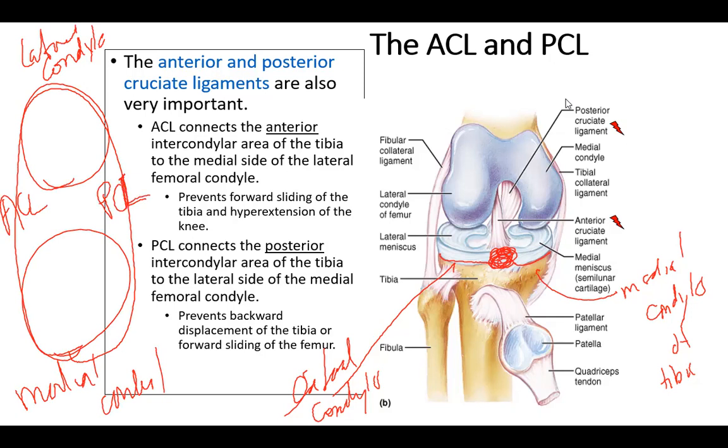This is an intercondylar area in here. So the PCL attaches in the back. That's why they call it the posterior cruciate ligament. The anterior cruciate ligament attaches in the front.